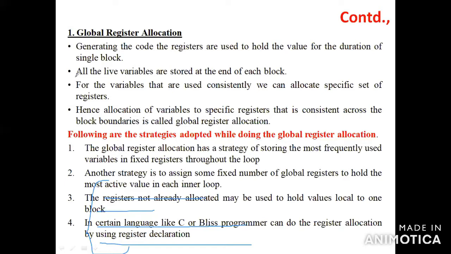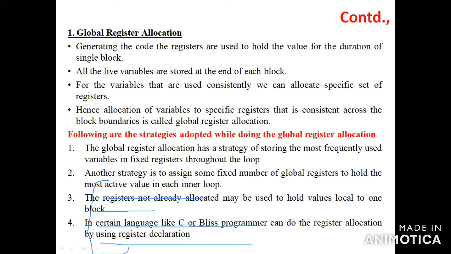Third, for variables that are used consistently, we allocate a specific set of registers. So, global register allocation: first, while generating the code, the register is used to hold the value for the duration of a single block. Second, all the live variables are stored at the end of each block.